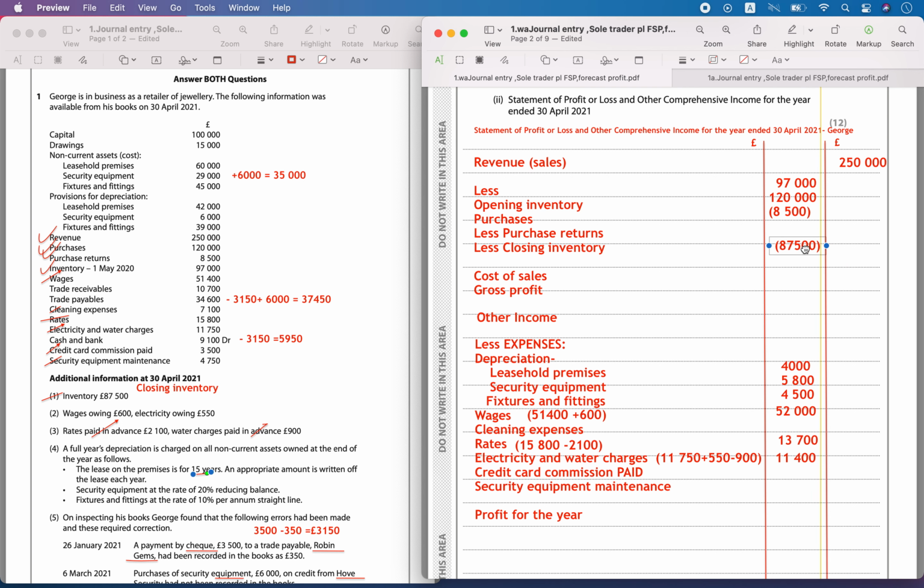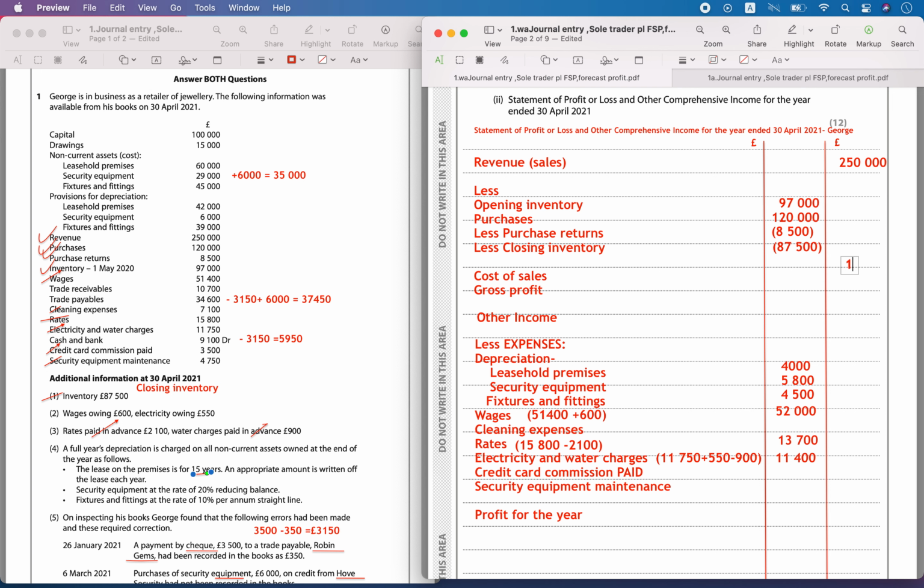Now let's calculate this value to find the cost of sales. The cost of sales is equal to 97,000 plus 120,000 minus 8,500 minus 87,500, so the cost of sales is 121,000.